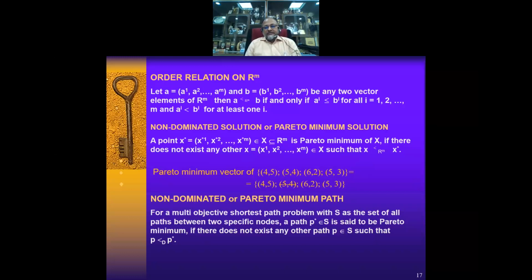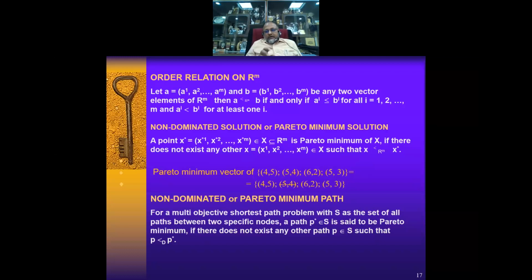So we can say that (4,5) and (5,4) are non-dominating. (4,5) is not less than (5,4), and (5,4) is not less than (4,5). So (5,4) is not dominated by (4,5), and (4,5) is not dominated by (5,4).